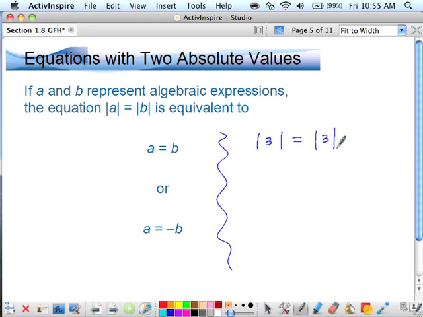What's in there is already equal. But it's also true that the absolute value of 3 equals the absolute value of negative 3. So there are two possibilities to consider: they're either equal or they're opposites going in. We just want to keep that in mind when we start to solve these.